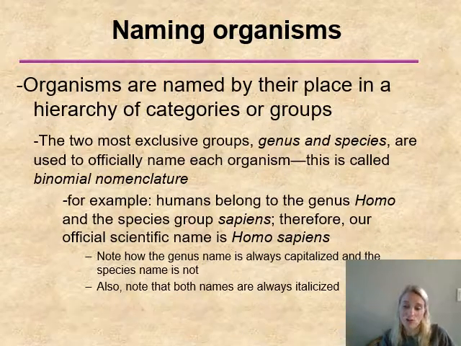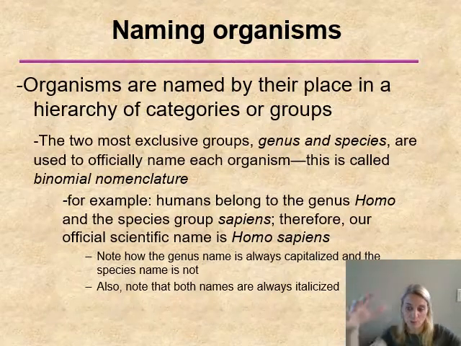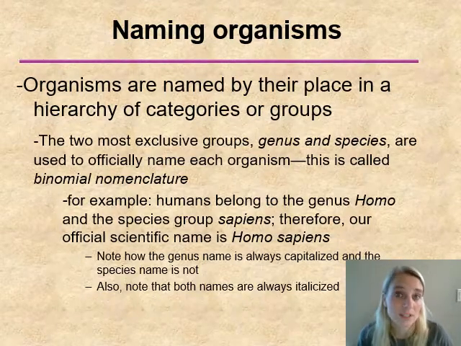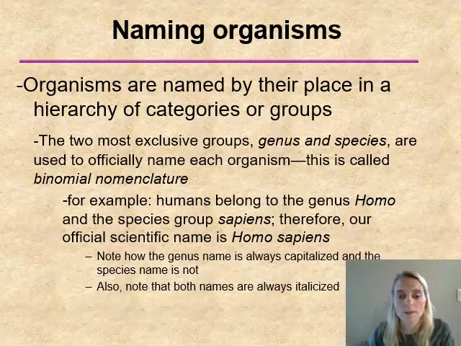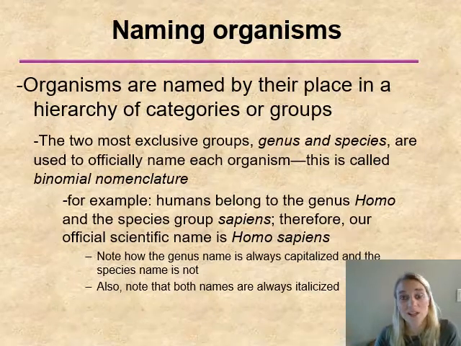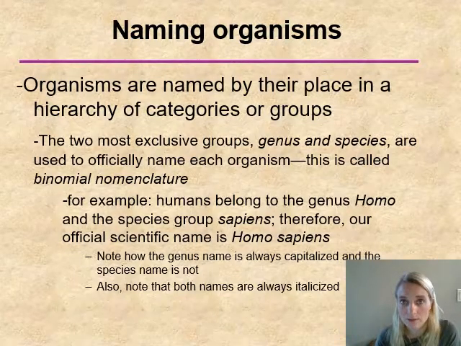So we have kind of a two-name naming system. So the first name is the genus group. That's kind of a group that holds similar organisms. And then we have the species, which says just this one organism. So for example, humans, our genus is Homo, and our species is sapiens. So our scientific name is Homo sapiens.